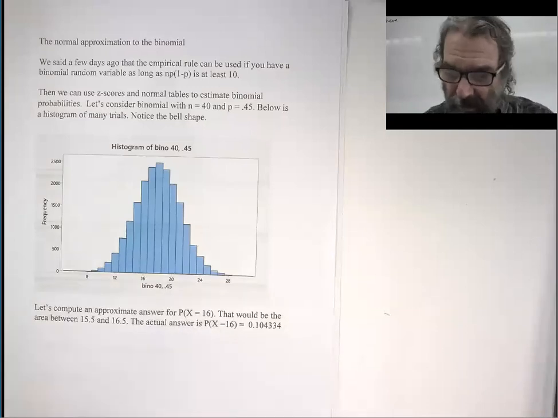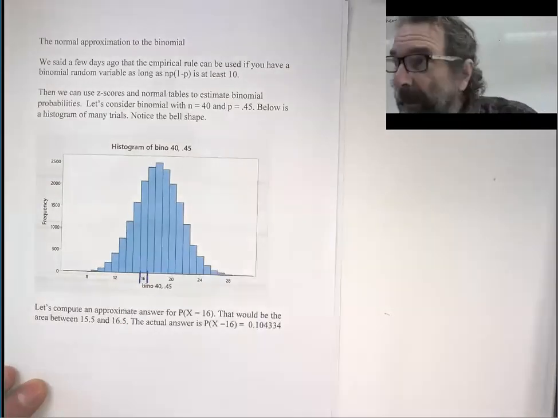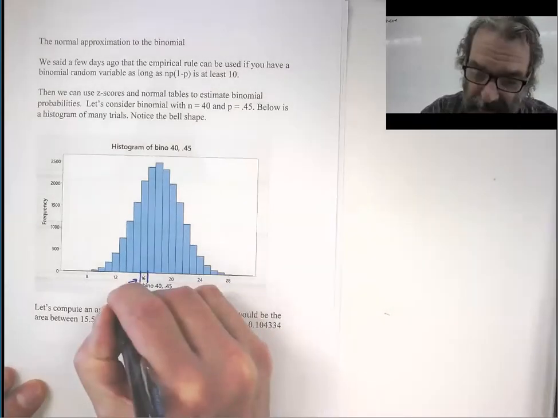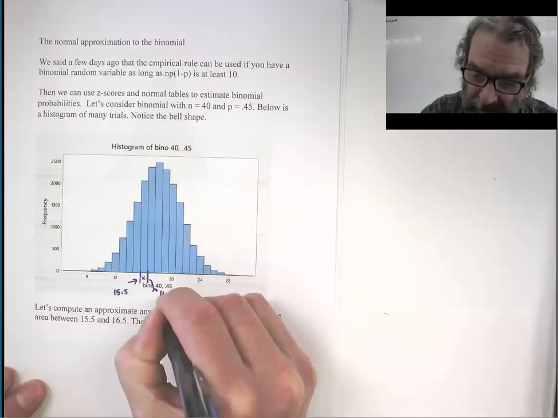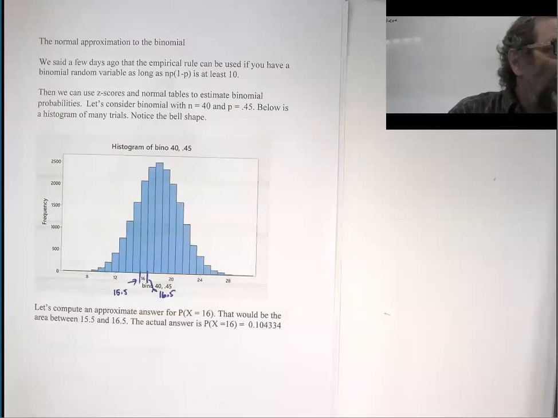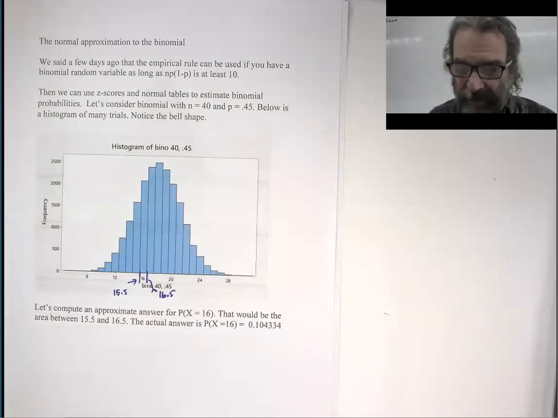So here's where 16 is. That means from this side, it's 15.5, and on this side, it's 16.5. So we're going to compute the area between 15.5 and 16.5 under a normal curve whose mean and standard deviation will be the mean and standard deviation of that binomial distribution.